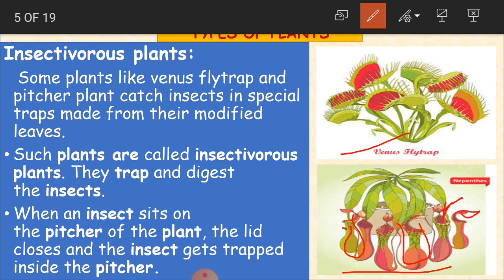Here, these are the lids. Now it is open, and when the insect comes and sits here, the lid is going to close, and the insect is going to be stuck inside the leaf of the pitcher plant, and the plant is going to eat it as its food and digest it. Clear children? So this is what an insectivorous plant is.